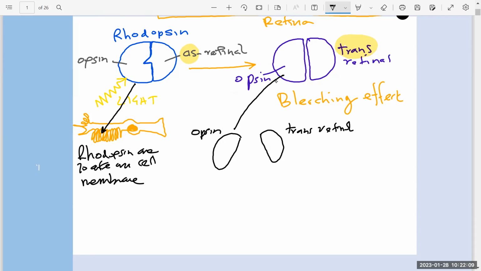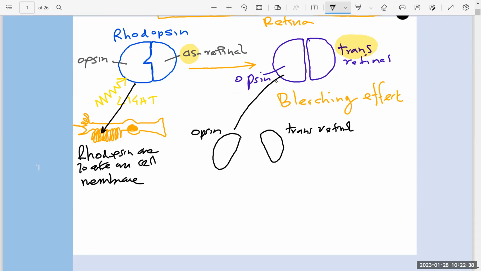After that, a complicated series of events takes place. So we are not going to learn every single step done by this opsin. Mainly the opsin molecule is doing this job.